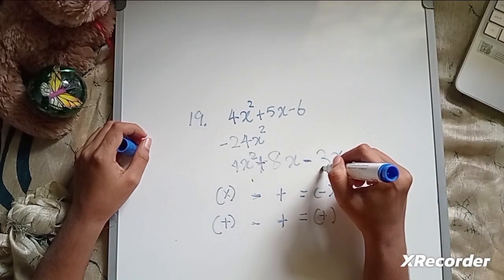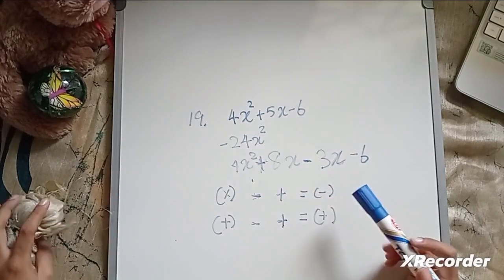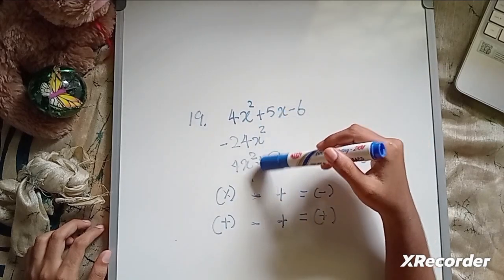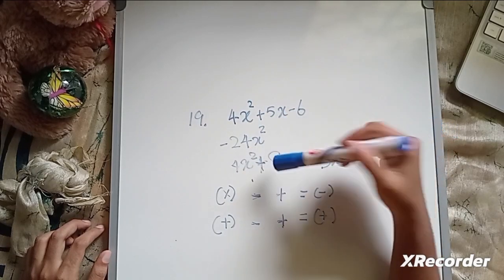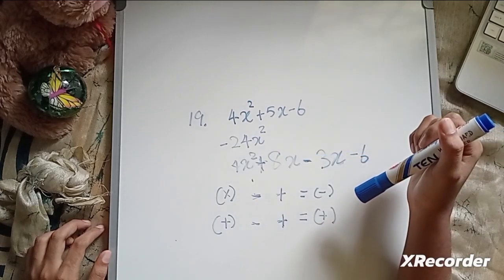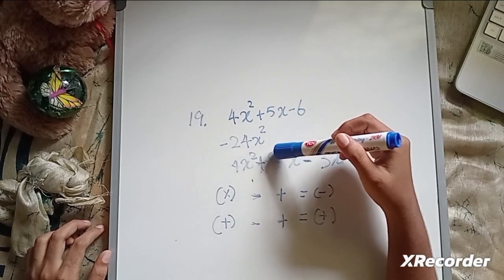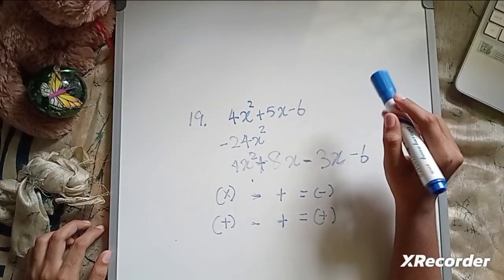This is 8. This is 3. Since we want to get the plus value for the addition of these two values. So we can get plus value, since plus 8 minus 3 is plus 5.